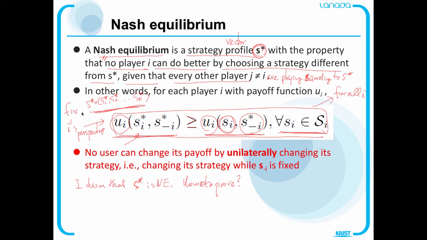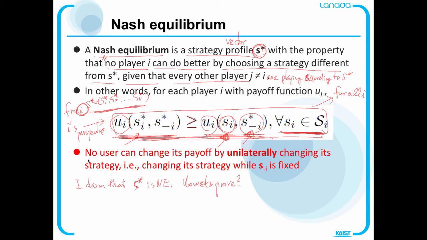Fix i, fix the player, then compute the payoff value and fix the other players' strategies except for i, and I change my strategy, whatever you want, and make sure that this equation is satisfied. And we check that fact for all i. And if that is satisfied, then that's a Nash equilibrium.